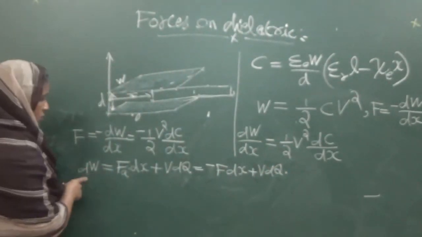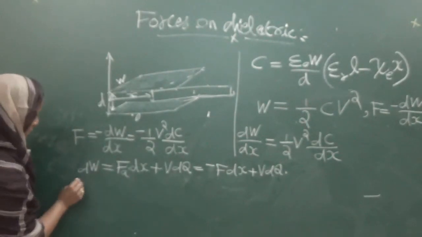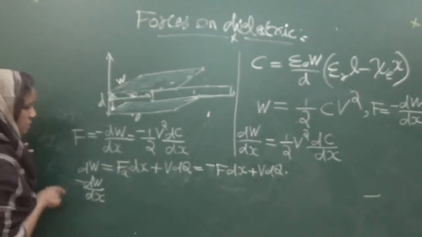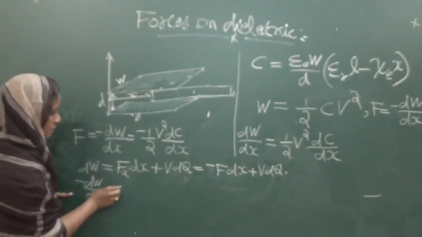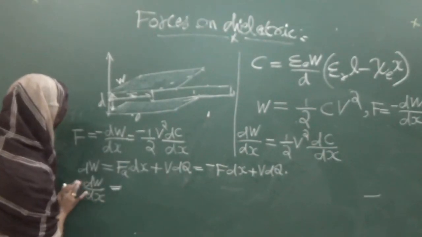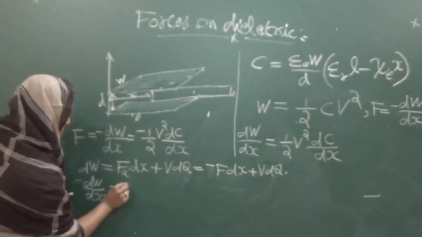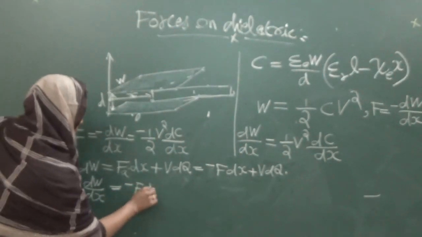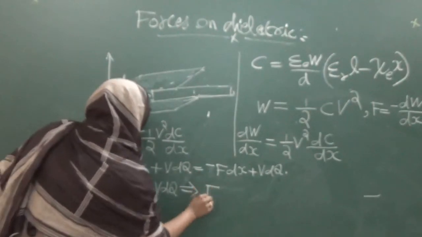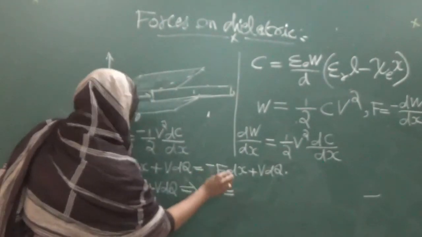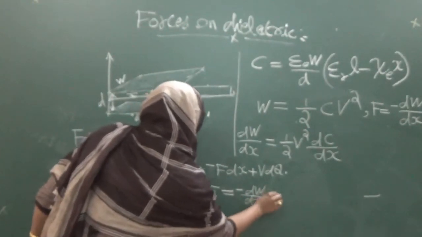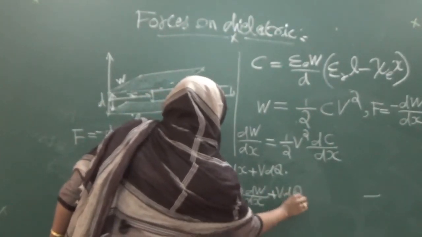Now you can write minus dW by dx, this is our electric force, equal to minus F plus V dq, which implies that the electric force F equal to minus dW by dx plus V dq.